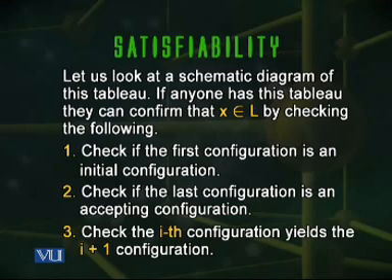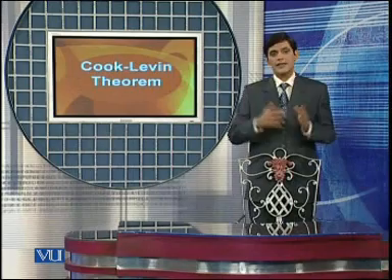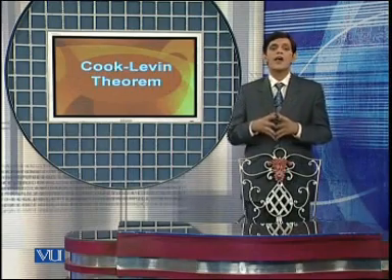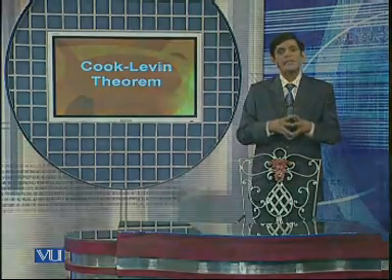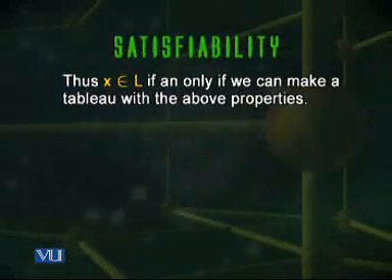And lastly, they would check if the ith configuration yields the (i+1)th configuration. That is, that we have not cheated, we have used the transition function of this Turing machine M properly. So if somebody performs these three checks, they would know that M accepts X and they would be convinced that X is in L. Now we will relate all this to satisfiability.